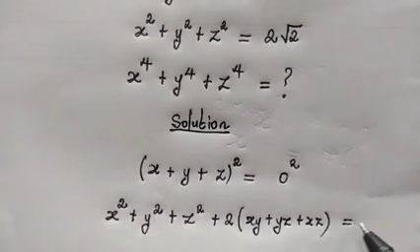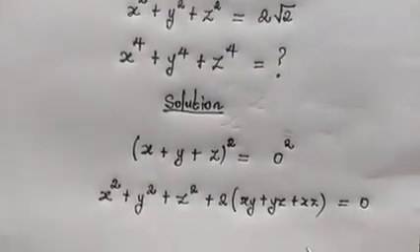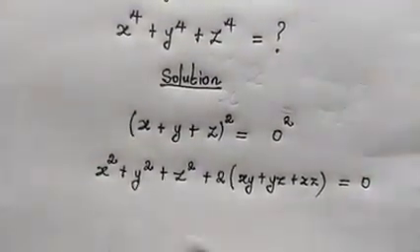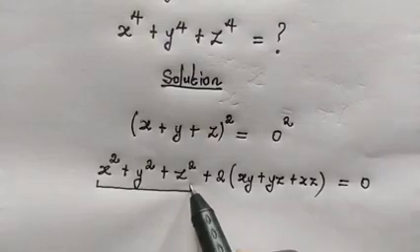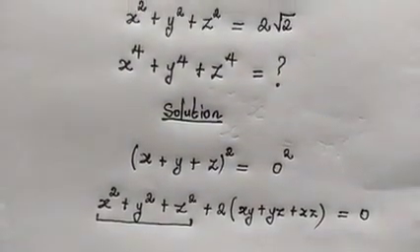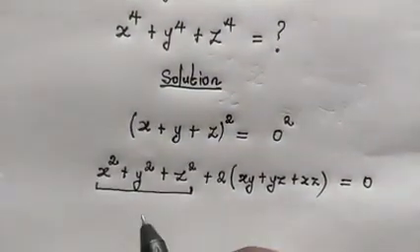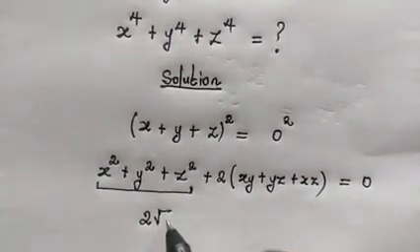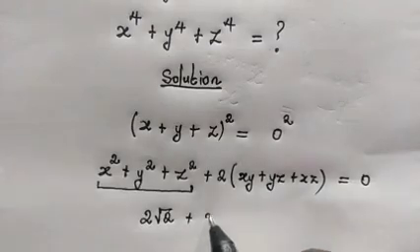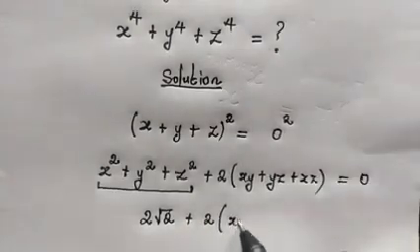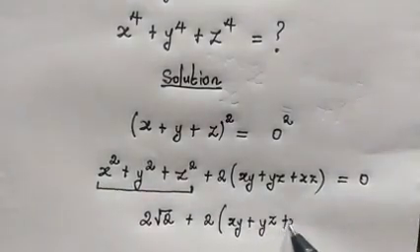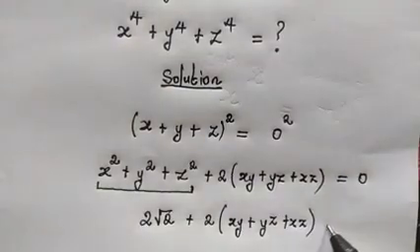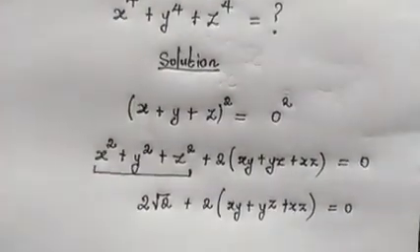So this is equal to 0 squared, which gives us 0, right? So from here, we know the value of x squared plus y squared plus z squared, which from equation 2 is 2 root 2. So here we replace using 2 root 2 and then plus 2 into bracket xy plus yz plus xz. So this is equal to 0.